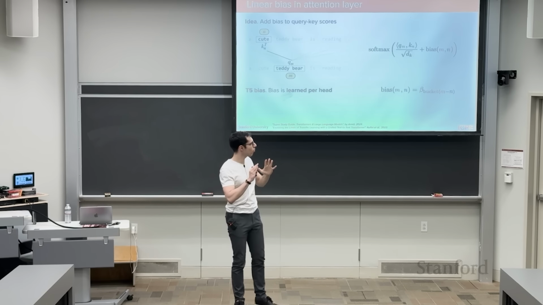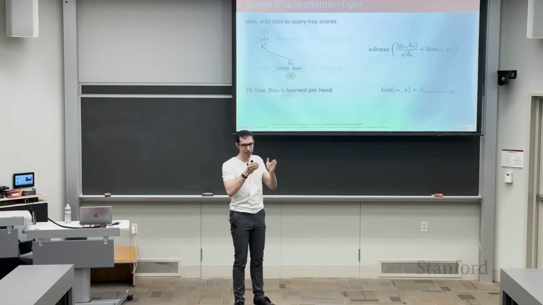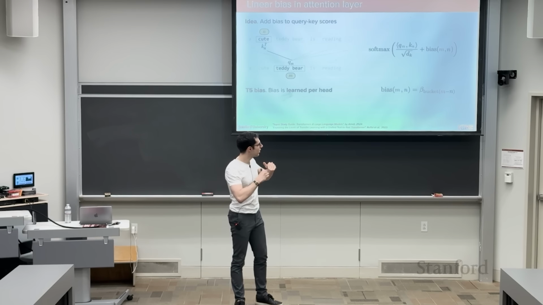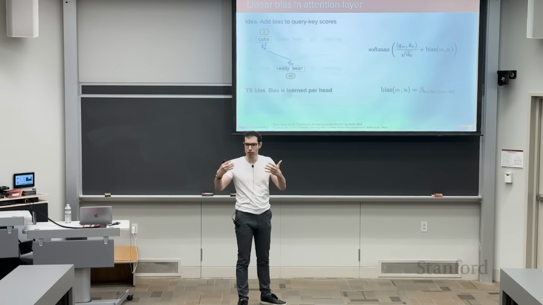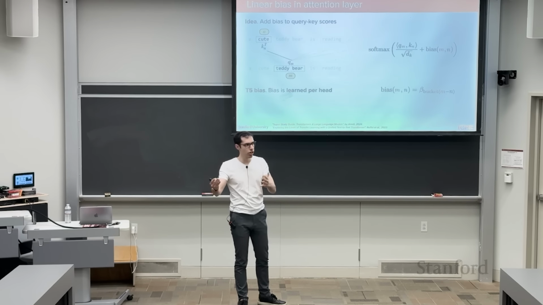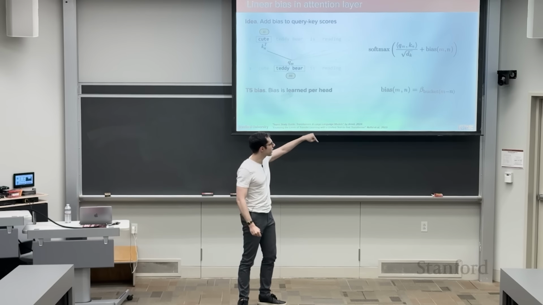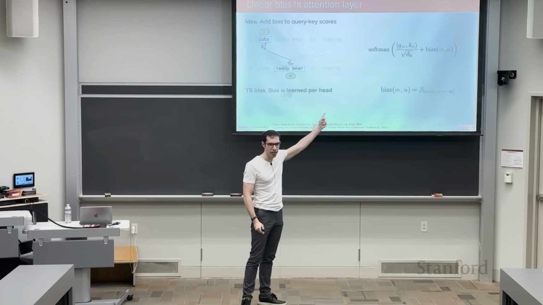So let's suppose you have a given distance between the positions m and n. Their idea was, let's learn that. Let's bucketize all m minus n into some buckets, and let's have the model learn these quantities that are then going to be injected in the softmax.